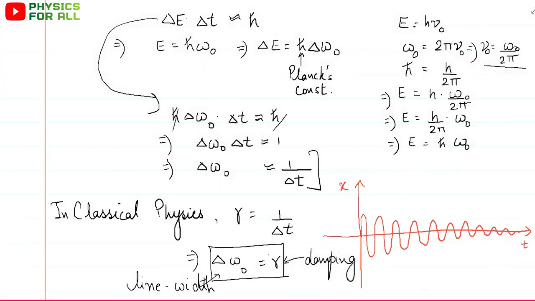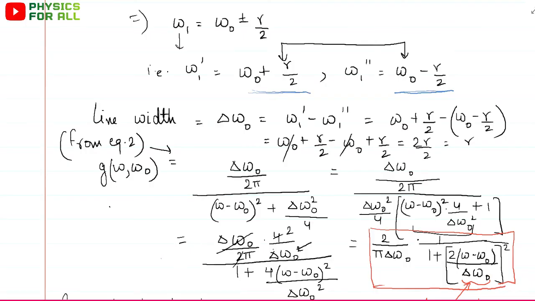And the same result we obtained just a moment before. Here you can see, let me just highlight it, on solving we obtained delta omega naught is equal to gamma. So that means it's true on the basis of our quantum mechanics.